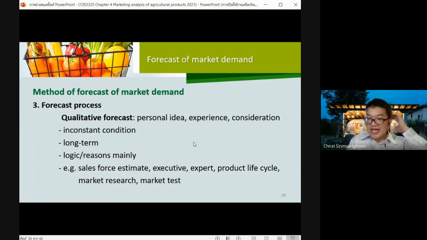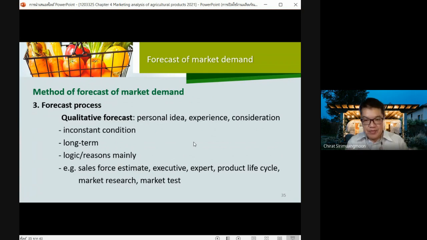So for qualitative, I would like to compare like this. Quantitative is about the number. Qualitative is not the number. It's like the idea, the words, the opinion. So why do we need to be concerned about qualitative? Because this also needs to be considered.